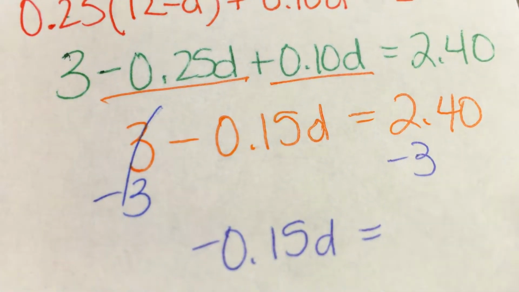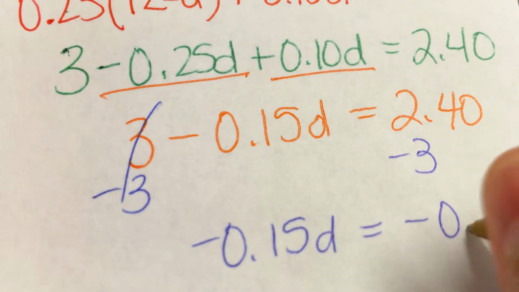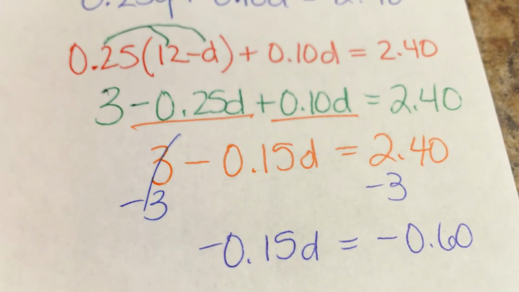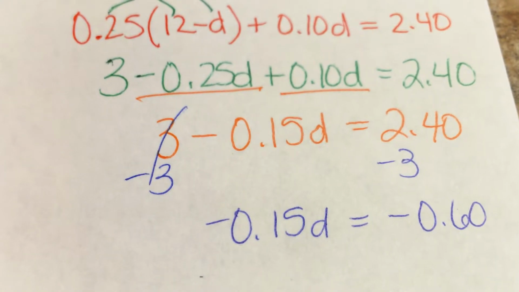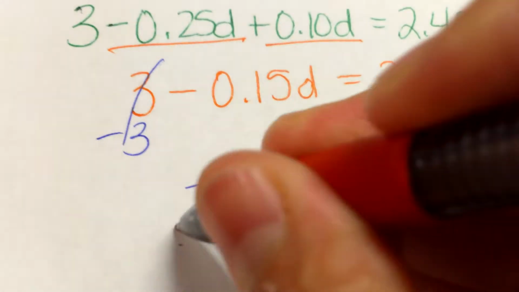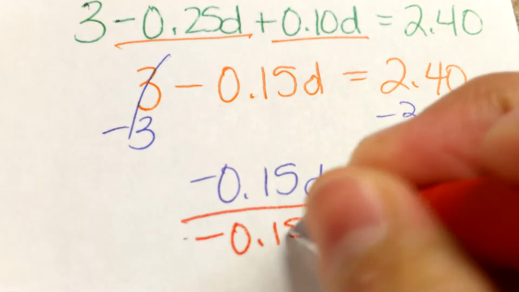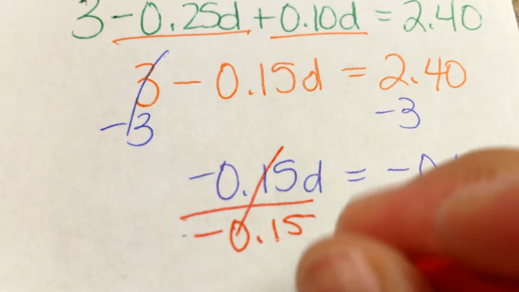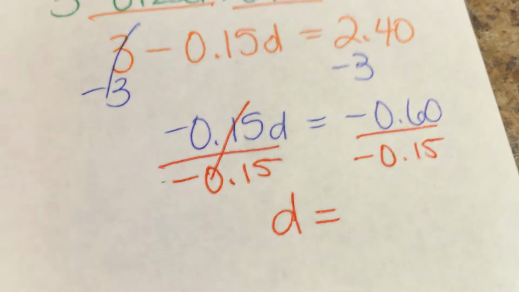We subtract that, you should end up with negative 0.60. And then we divide by negative 0.15. This cancels. D equals, we divide that.